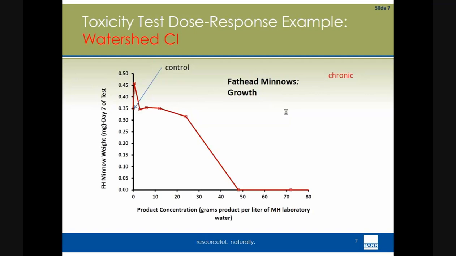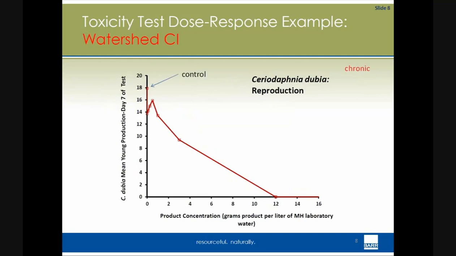If you go to slide 8, also showing the dose-response relationship we saw with Ceriodaphnia dubia, and that relationship is with young production at day 7 of the test, which is a chronic endpoint. And that chronic endpoint is young production on the y-axis, and on the x-axis is concentration of product diluted in laboratory water.